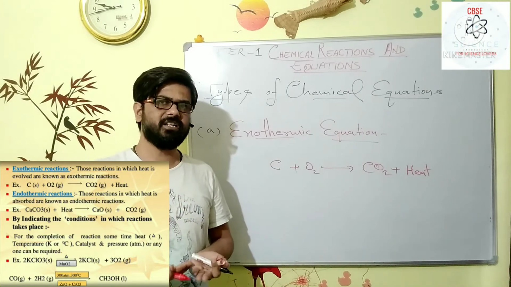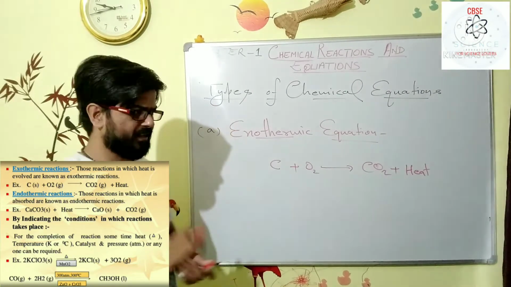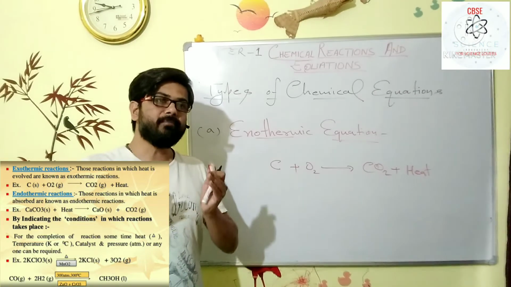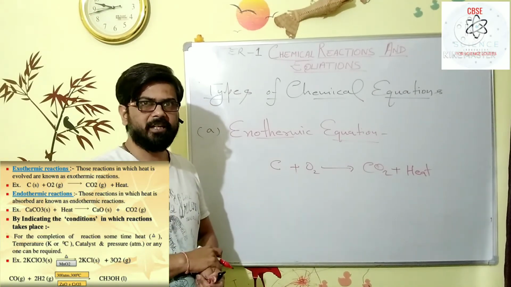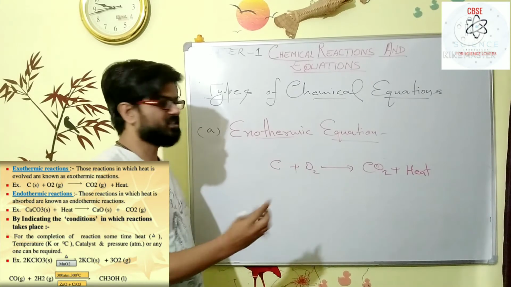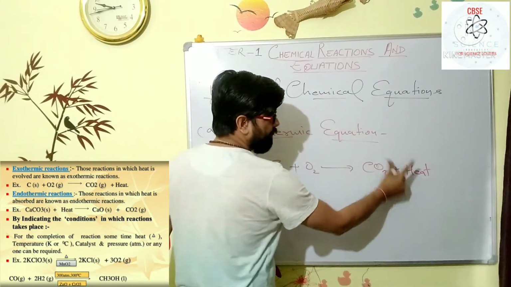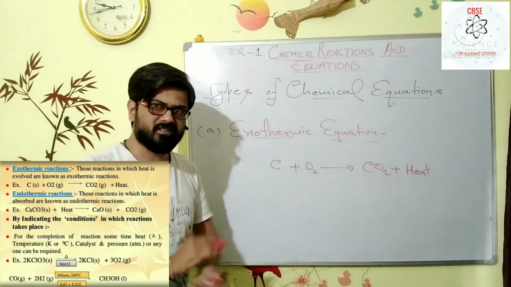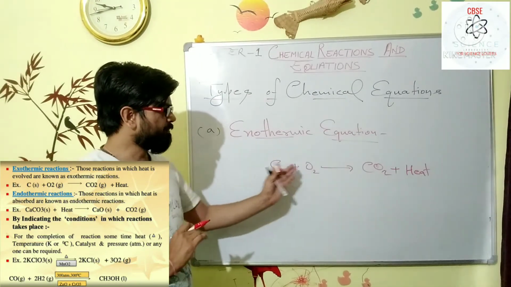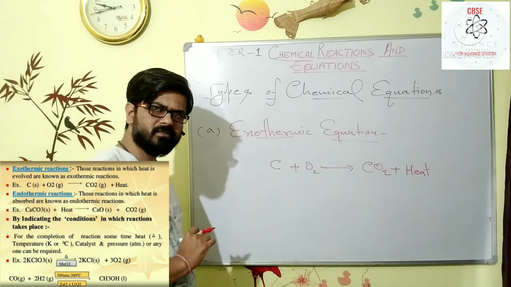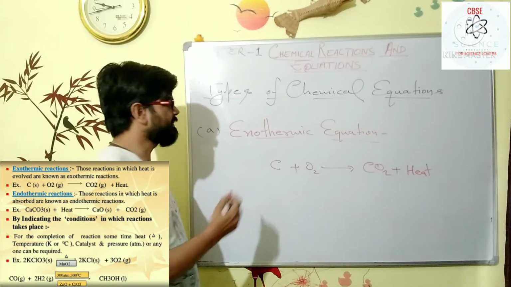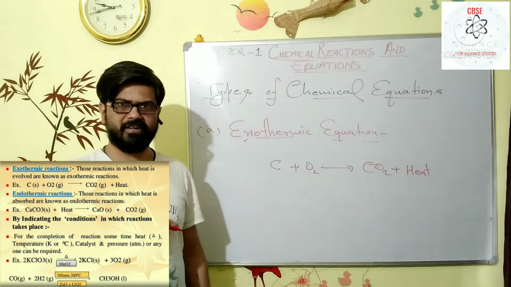So either energy is liberated in the form of heat or in the form of light during a chemical reaction. So we mention this energy in a chemical equation towards the product side with the positive sign. So my dear students, carbon reacts with oxygen to release carbon dioxide, and energy is also evolved during this reaction. That's why this reaction is an exothermic reaction.